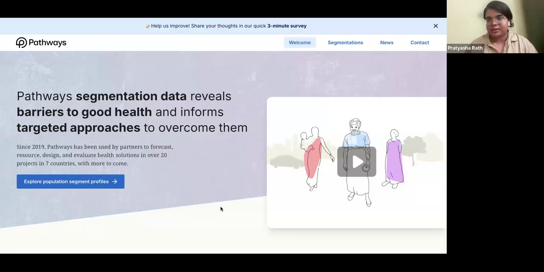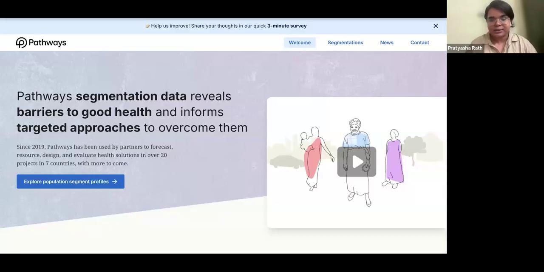So for the next 15 minutes, let's take on the role of a practitioner from an implementing agency based in Kenya. I know that could be a little different, but it'll help us navigate the platform and understand what Pathways could help you with when you're trying to use, apply and optimize the data towards problem solving.